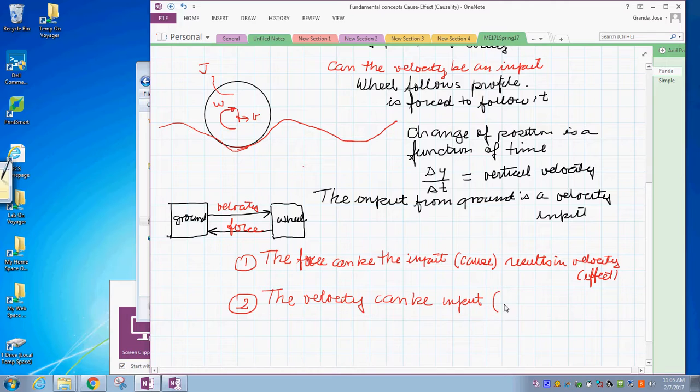So this is the cause in this case, and the result in force. So this is the effect in this case.